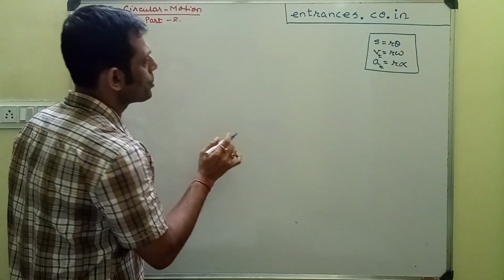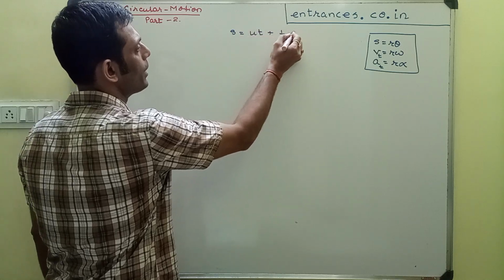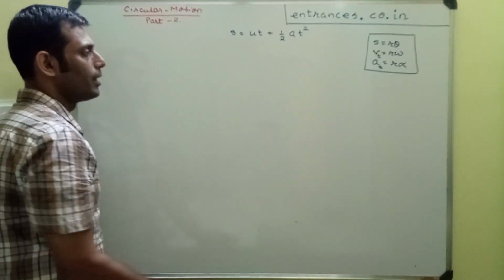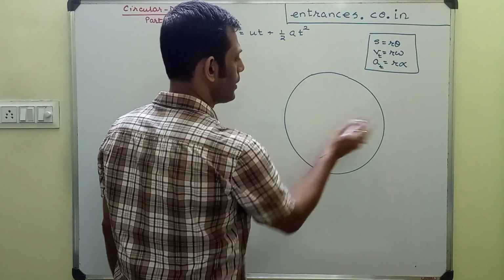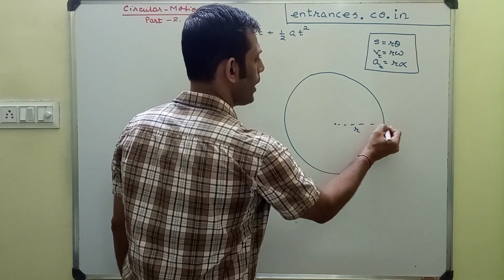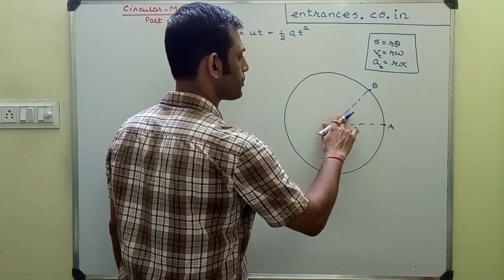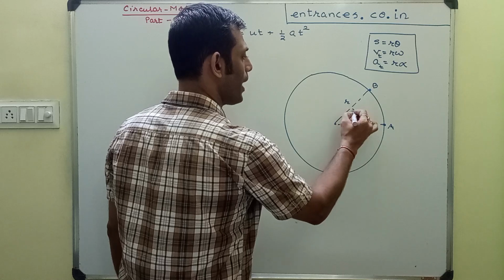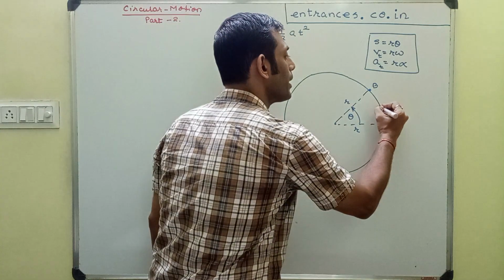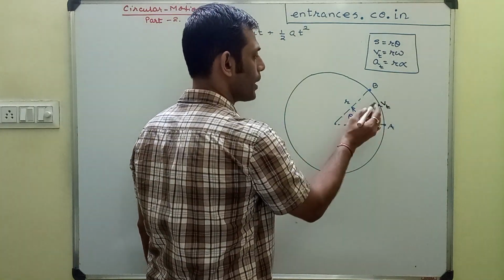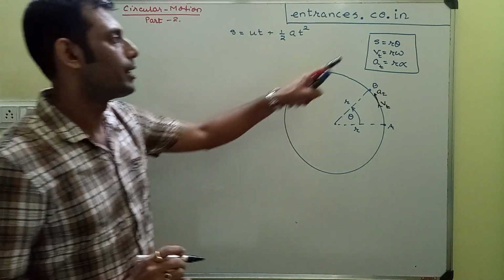So if in kinematical motion we have an equation s is equal to ut plus half at square, let's say it is moving along a circular arc such that from the center it is at a distance r, and from point A it moves to point B, through an angular displacement of theta, and the particle moves with a tangential velocity generating a tangential acceleration at, which are related like this.